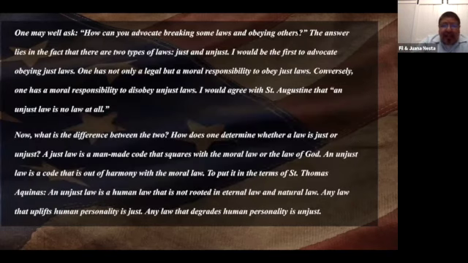Like MLK, in response to unjust laws, says, "One may well ask, how can you advocate breaking some laws and obeying others? The answer lies in the fact that there are two types of laws, just and unjust. I would be first to advocate obeying just laws.